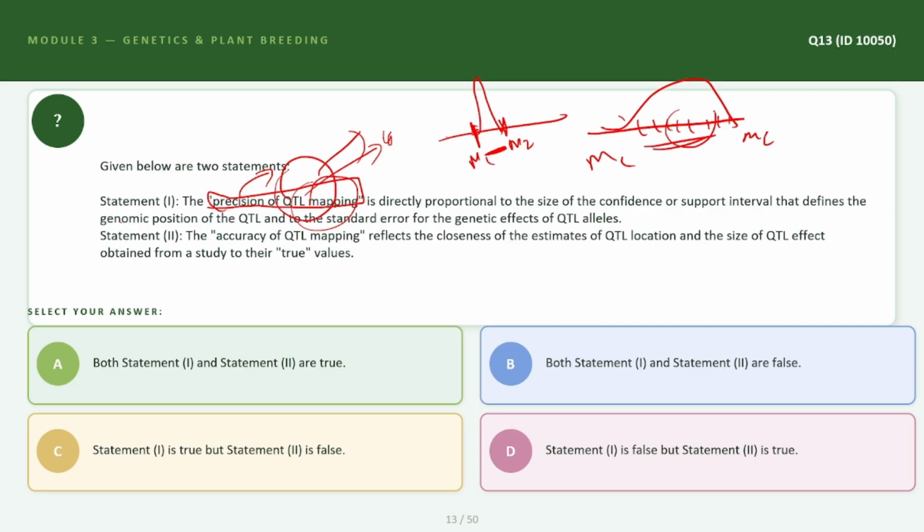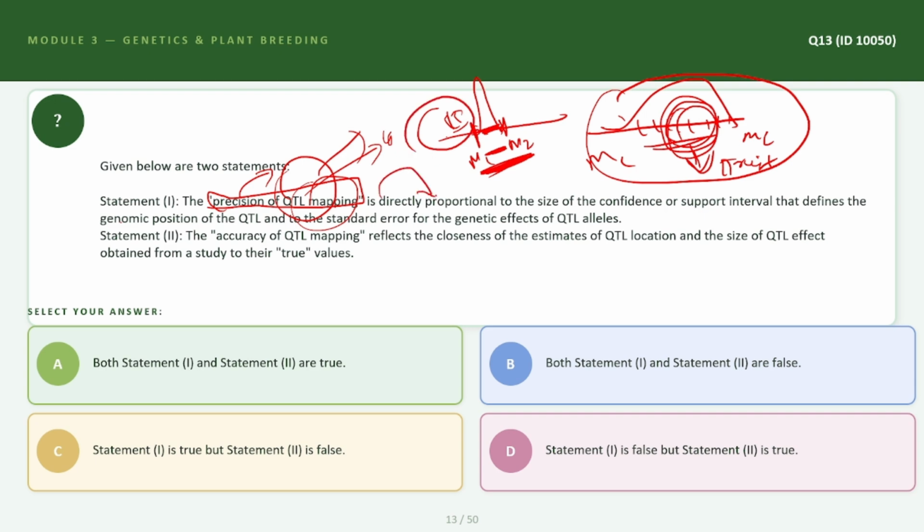So among this, which is the region more associated with your trait of interest? So if this precision should be achieved, you should have a very narrow interval between the markers. This is called the confidence interval. Okay, means it is not directly proportional, it should be inversely proportional to the size of the confidence interval. And the rest of the options are true.